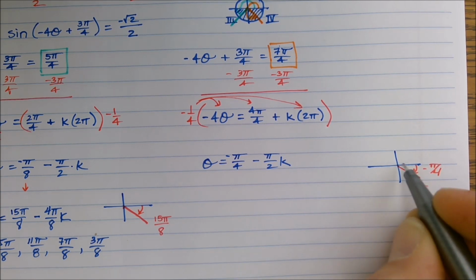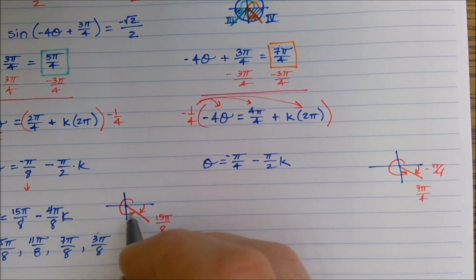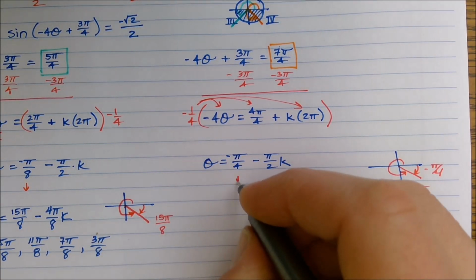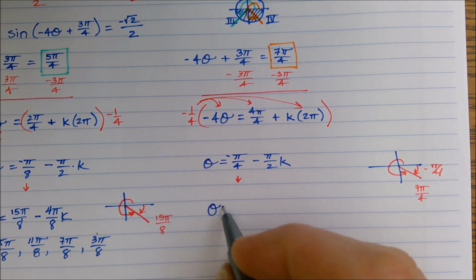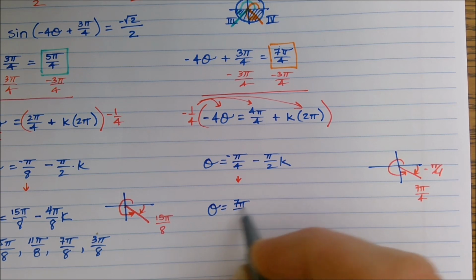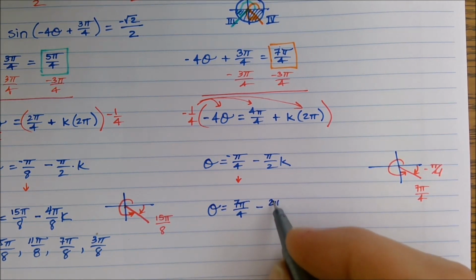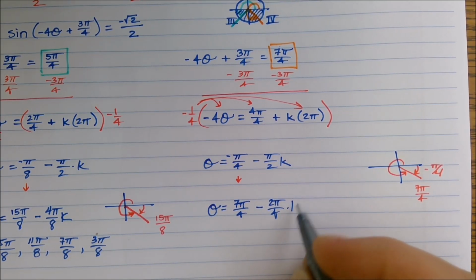If we're looking between 0 and 2 pi. So we're going to change this angle into a number between 0 and 2 pi. So I've got theta is equal to 7 pi over 4. And again, I'm subtracting, so I'm going to do 2 pi over 4. It's half pi. 2/4 is 1/2 times k.